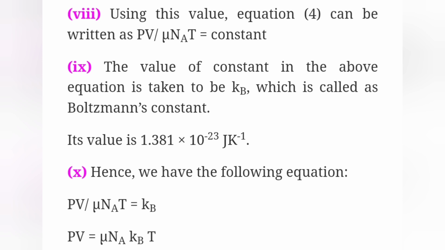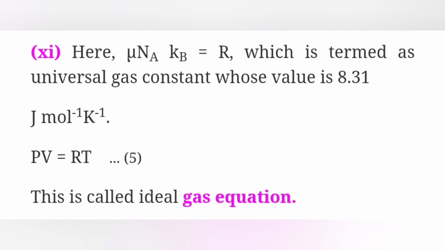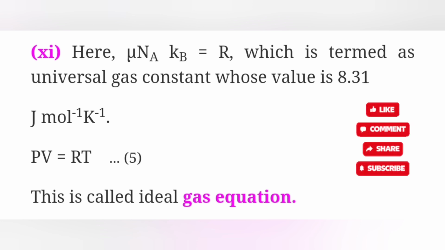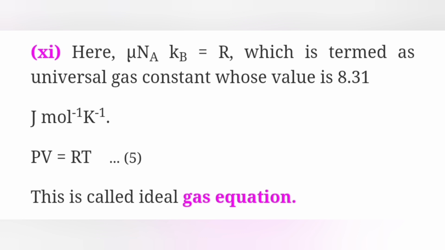Its value is 1.381 into 10 to the power minus 23 J K minus 1. 10th point, hence we have the following equation: PV by mu Na T is equal to Kb, then PV is equal to mu Na Kb T. 11th point, here mu Na Kb is equal to R, which is termed as the universal gas constant whose value is 8.31 J mole minus 1 K minus 1. PV is equal to mu RT, equation 5. This is called the ideal gas equation.